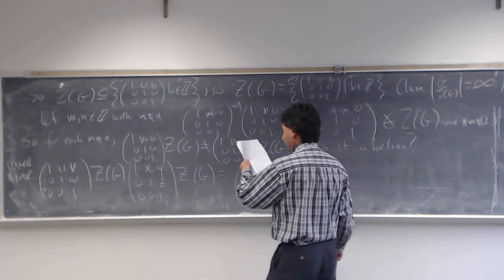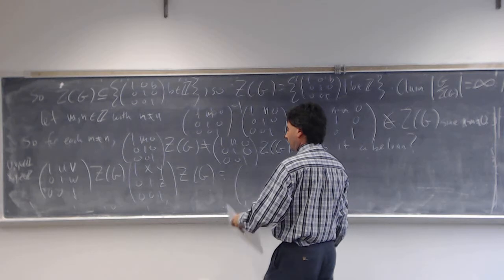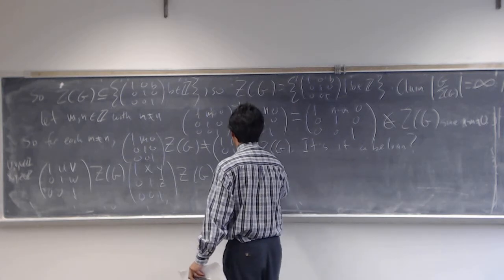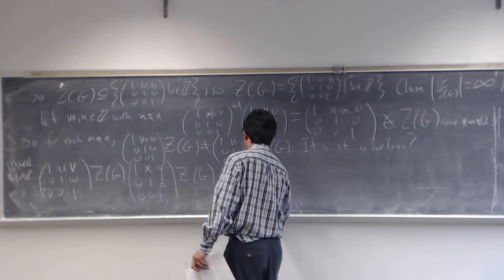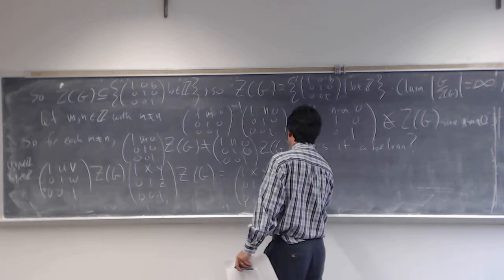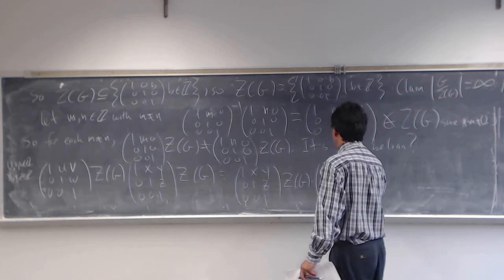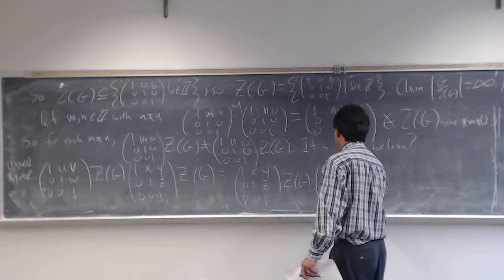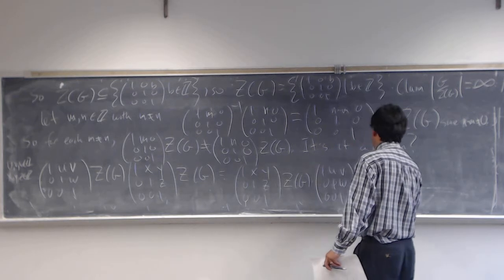And if I go through, I end up with, and I claim that's equal to 1, x, 0. This coset times the other one.